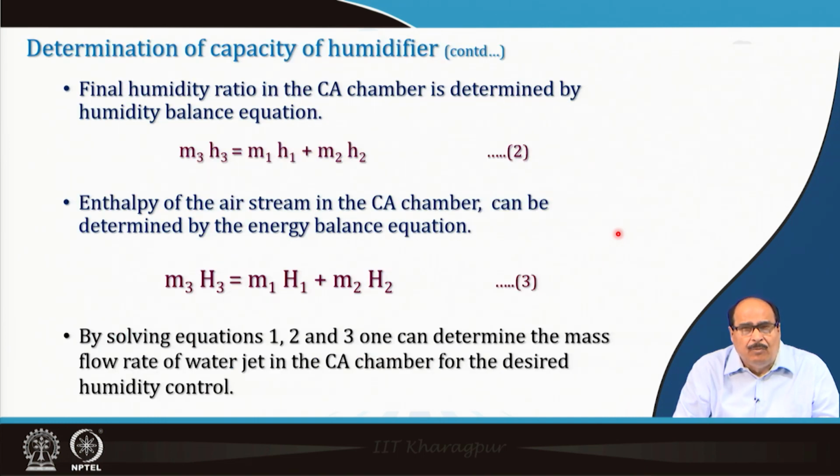And the humidity ratio in the CA chamber is determined by the humidity balance equation, that is M3 S3 is equal to M1 H1 plus M2 S2, and the enthalpy of the air stream in the CA chamber can be determined by the energy balance equation. So, by solving these equations, that is the mass balance, humidity balance and enthalpy balance, one can determine the mass flow rate of the water jet in the CA chamber for the desired humidity control.